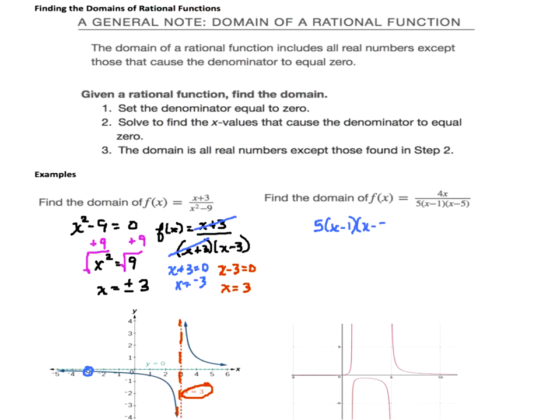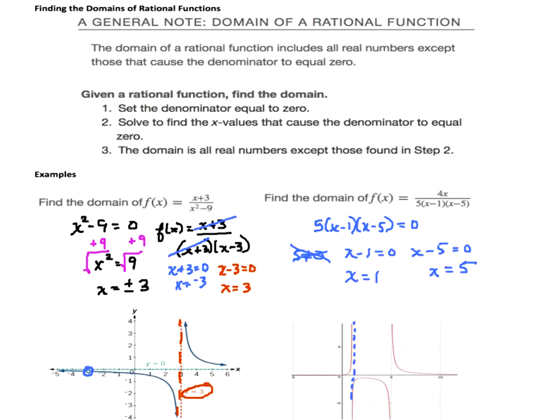Okay, let's take a look at this next one. It's already in factored form for us. So we need to know, okay, when is this denominator 5 times x minus 1 times x minus 5 going to equal 0? Well, I'm already ready to use the zero product property here. 5 does not equal 0, so I don't have to worry about that factor. X minus 1 equals 0 or x minus 5 equals 0.